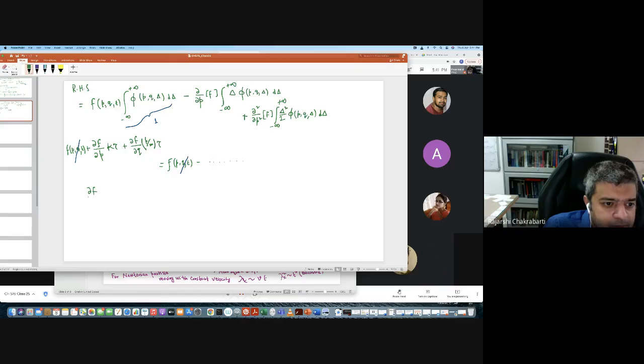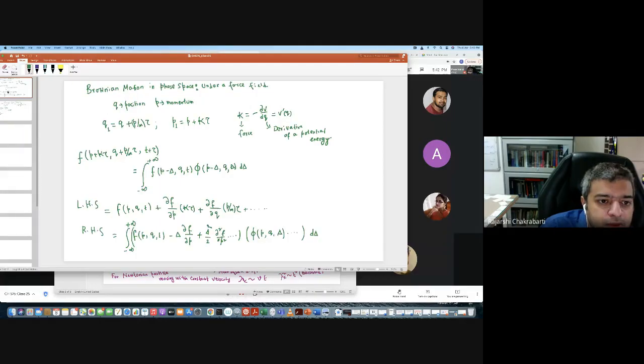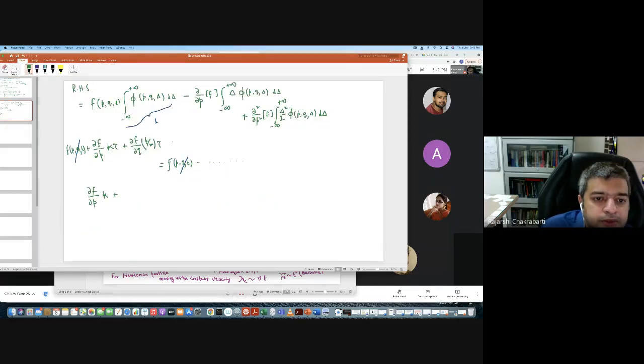del f del p, I just divide by tau both sides, becomes plus... I had not put one thing actually, I forgot. There's another term which will talk about explicit time variance, isn't it? This one into tau, so I'll have one more term here, del f del tau.